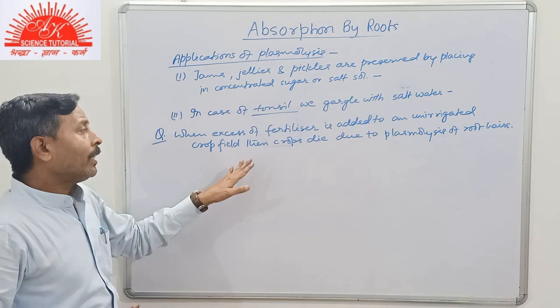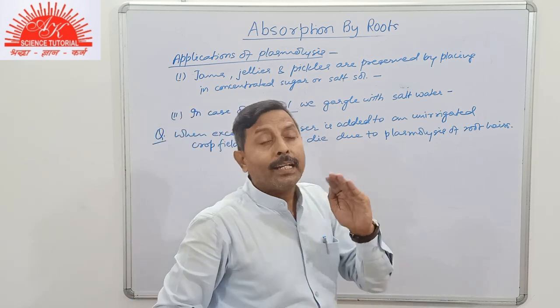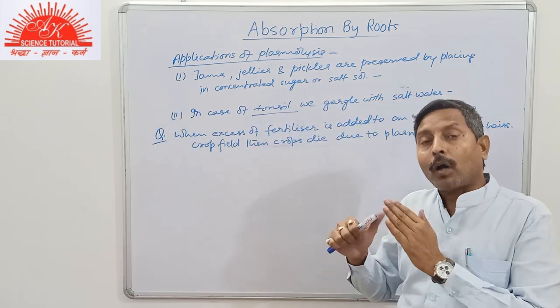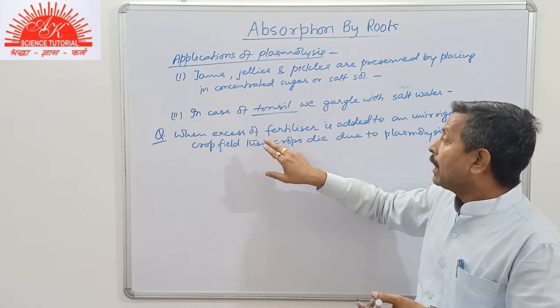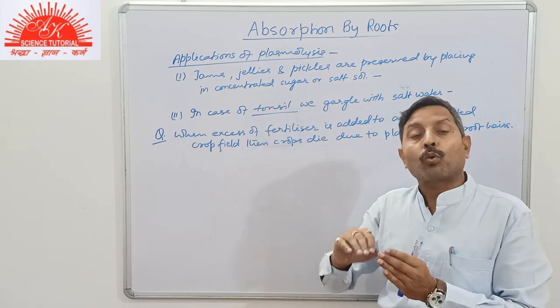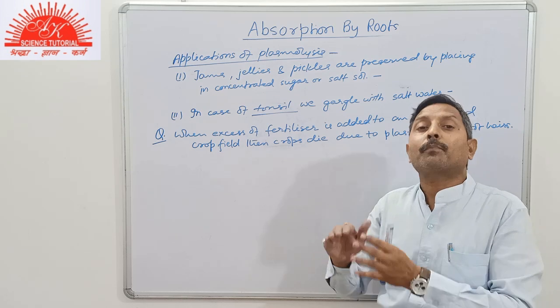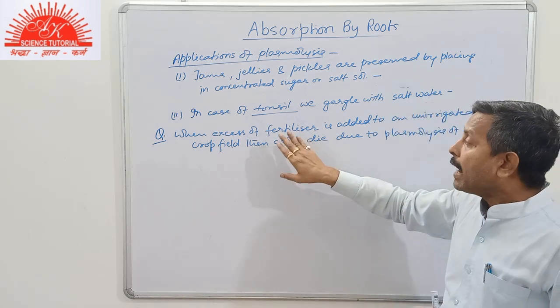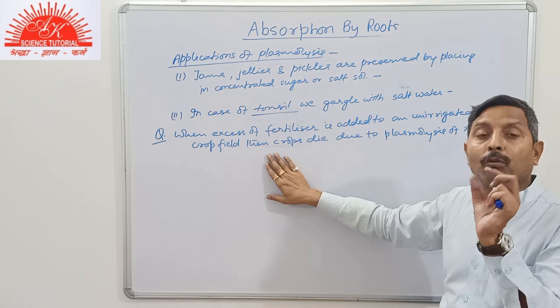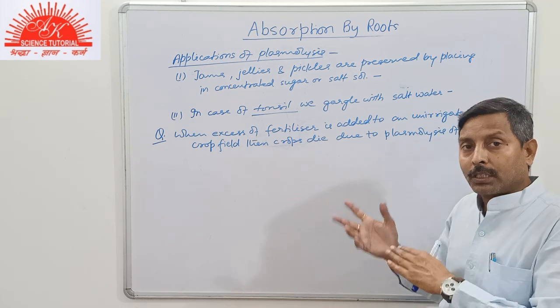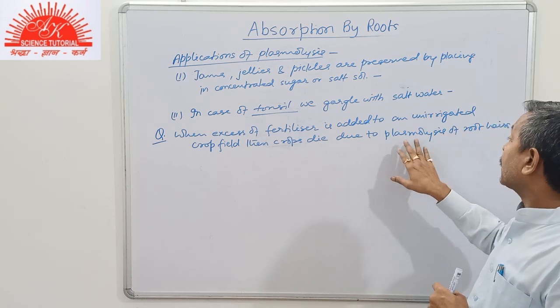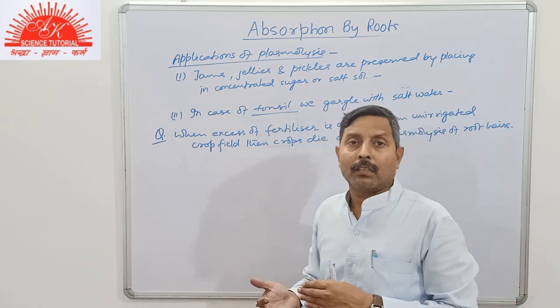When excess of fertilizer is added to the unirrigated soil, then the fertilizers dissolve in the moisture present in the soil, forming a hypertonic solution around the root hair cells. As a result, exosmosis takes place and the root hair cells get plasmolyzed.